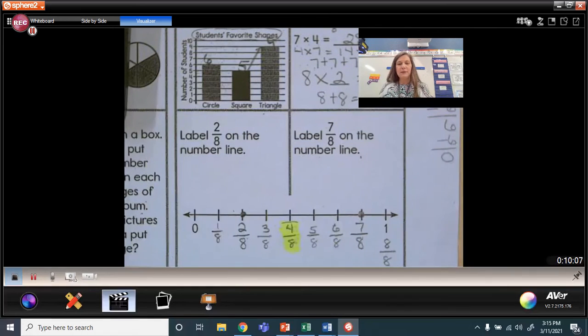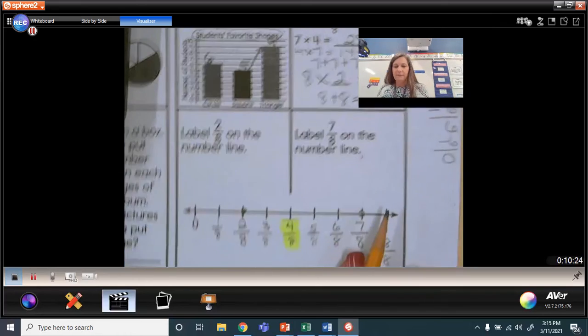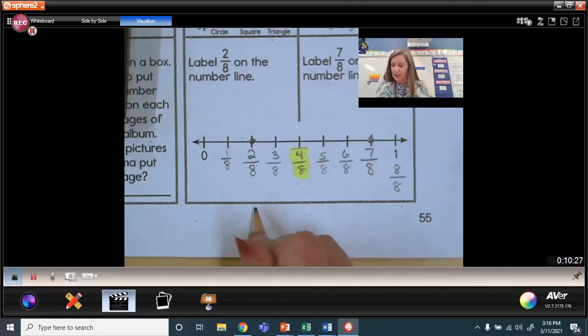What is the simplest form of 4/8? Now think about where you're at on the number line. Where is 4/8? And what fraction is 4/8 equivalent to when I start breaking up this one whole into 8 equal pieces? So 4/8 in simplest form is equal to what?